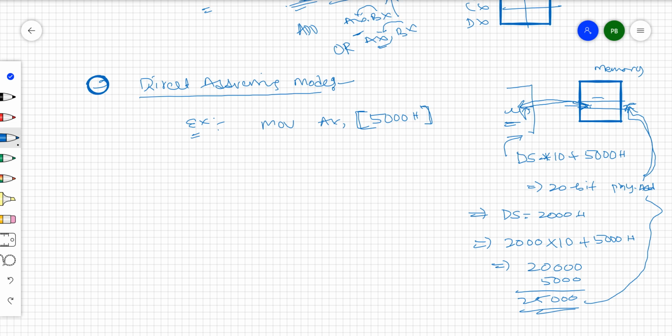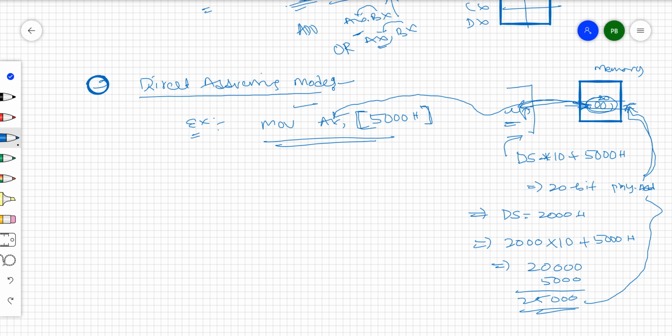Whatever data is present in this memory location, for example this data present in the external memory location, that data will move to the AX register after execution of this instruction. So 5000 will not move to AX.